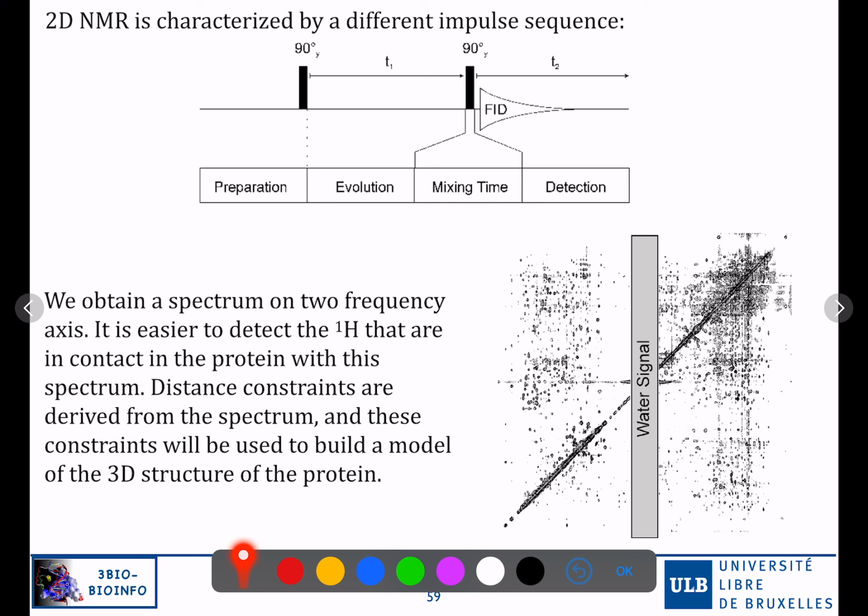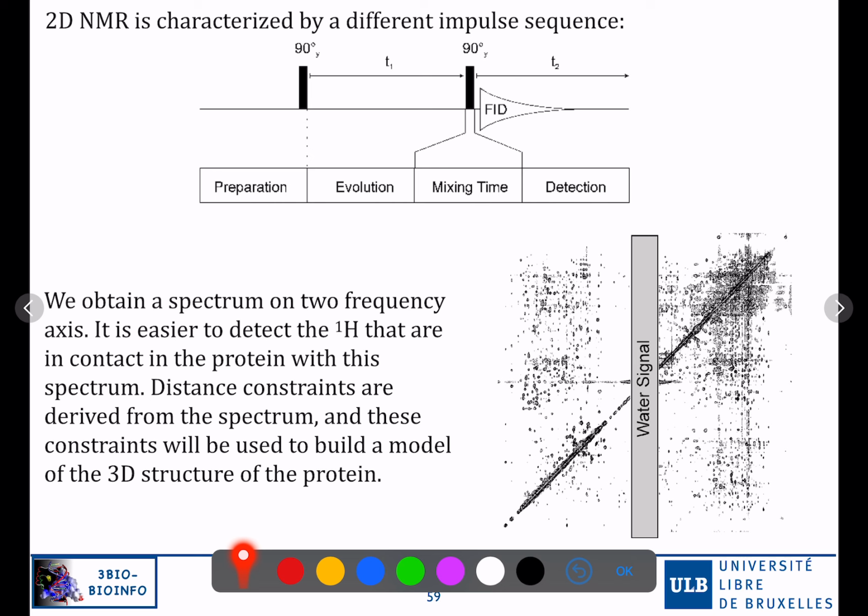And so here, what we can finally obtain are distance constraints between the different hydrogen 1 nucleus or other nucleus that are present in protein, and which you can use to do NMR. You could do that, of course, with other types of nucleus.